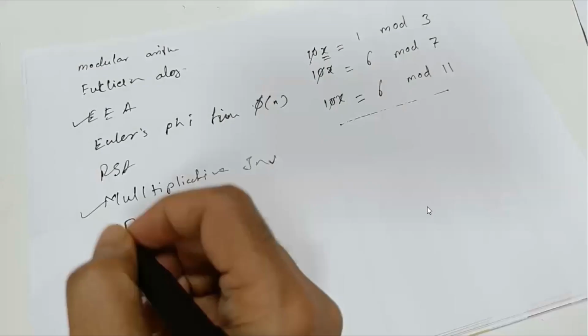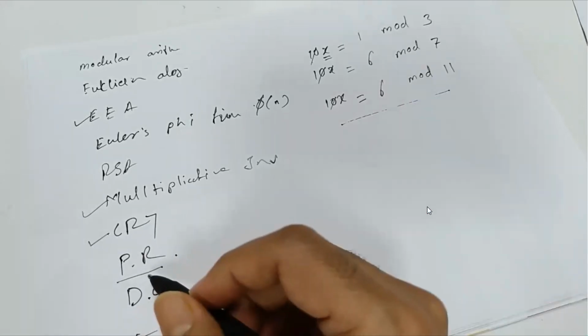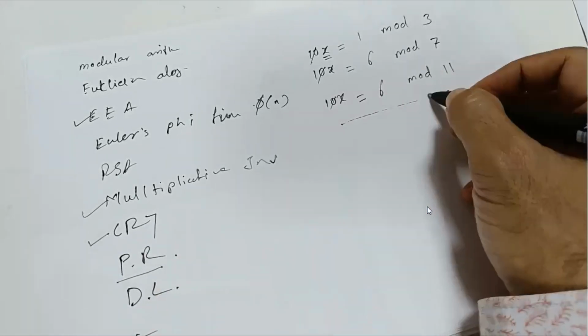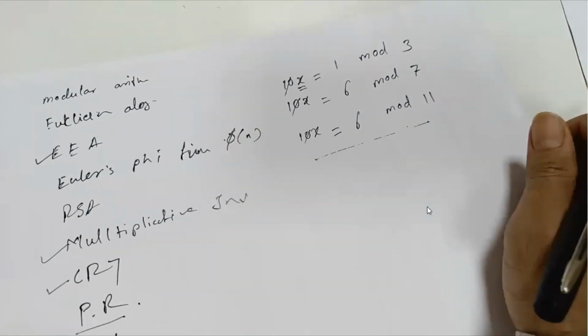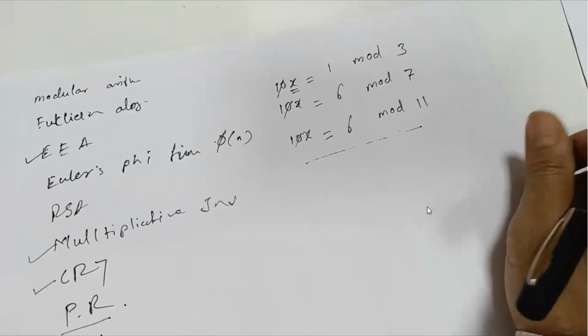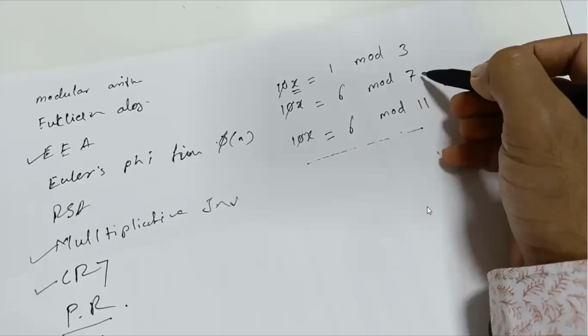Yeah, that was the one I was looking for, because we have solved this kind of examples in Chinese remainder theorem, where this is A1, A2, A3, and this is N1, N2, N3.